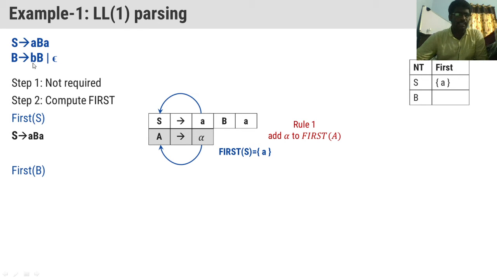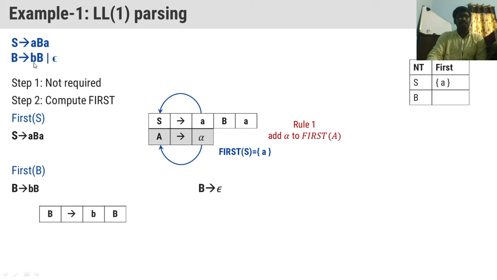In the B production, the starting symbol is small b only. You see here B has two productions. Observe carefully. B implies small b capital B, and B implies epsilon.